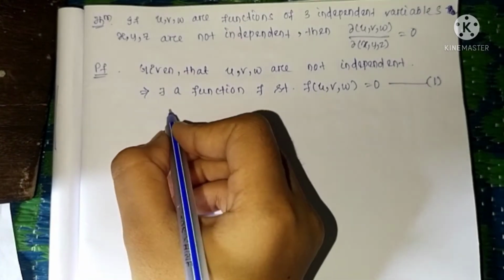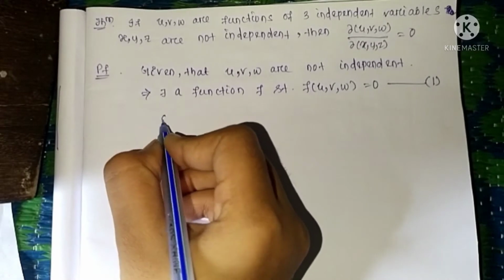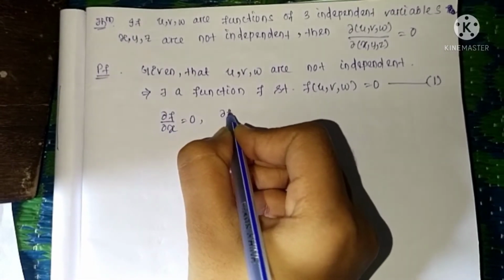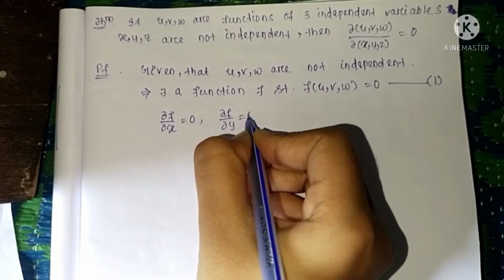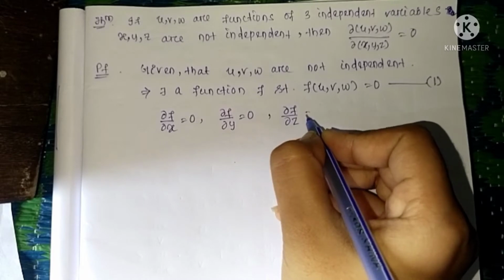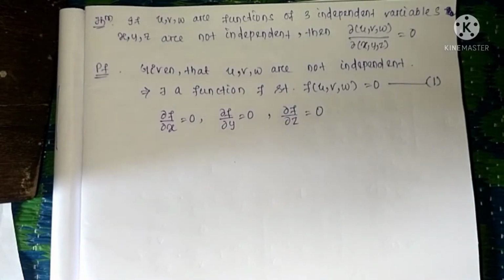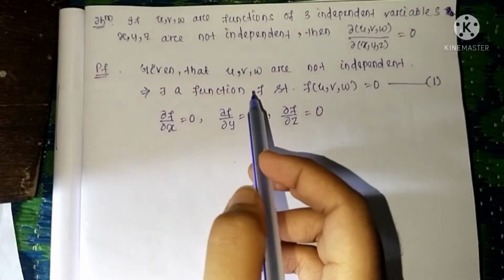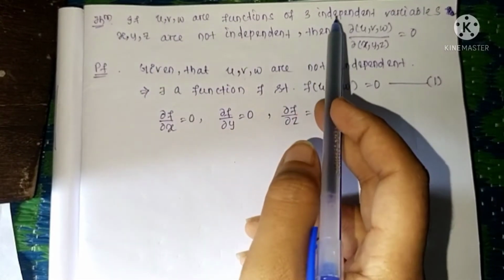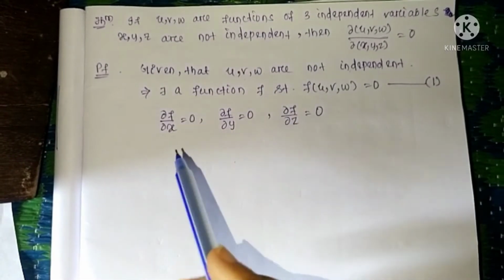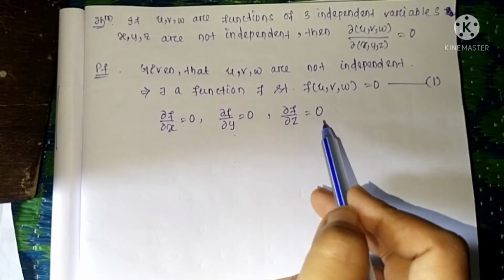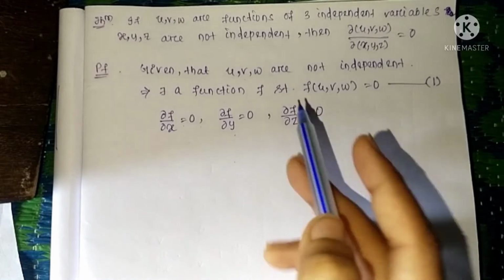Then here we know that del f by del x equals 0, del f by del y equals 0, and del f by del z equals 0, as u, v, w are not independent but x, y, z are independent variables.